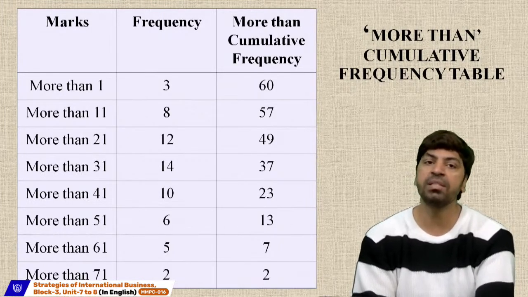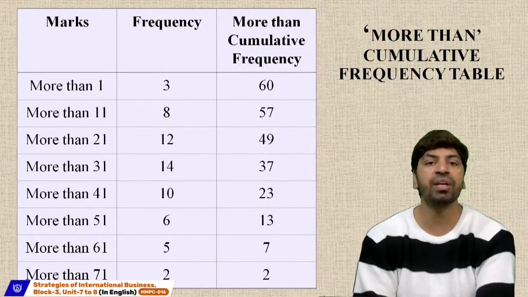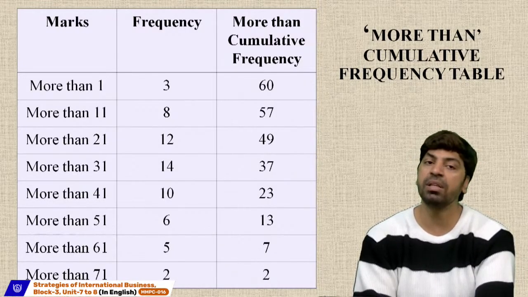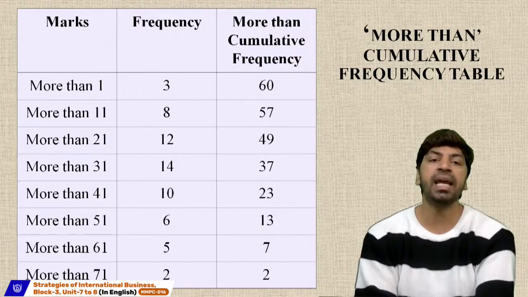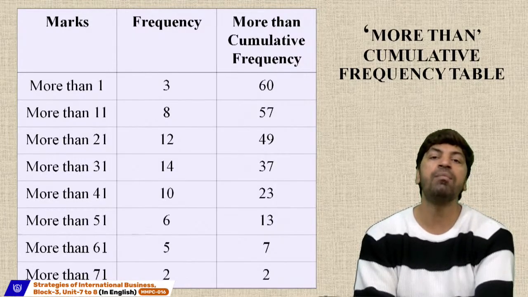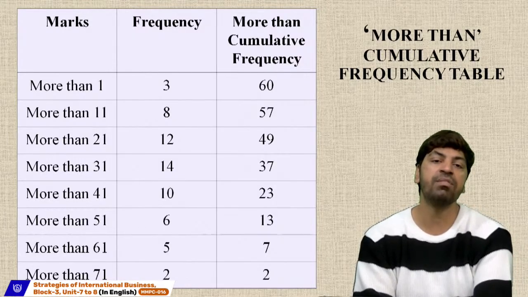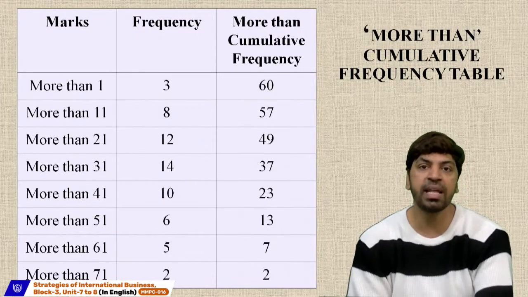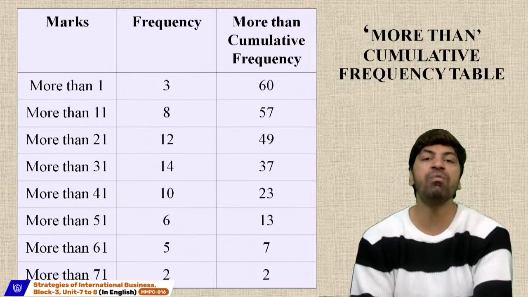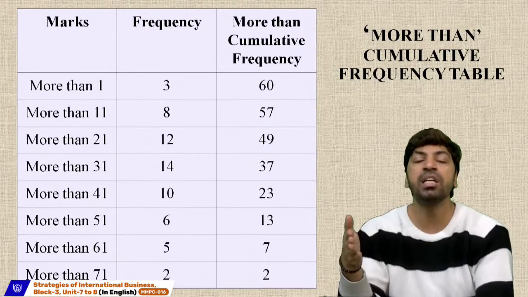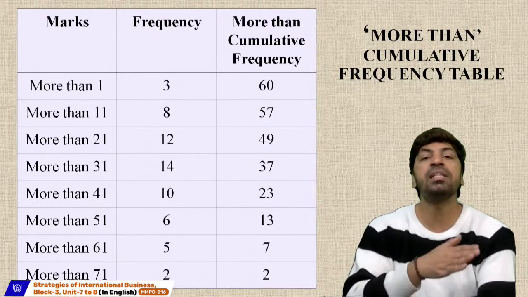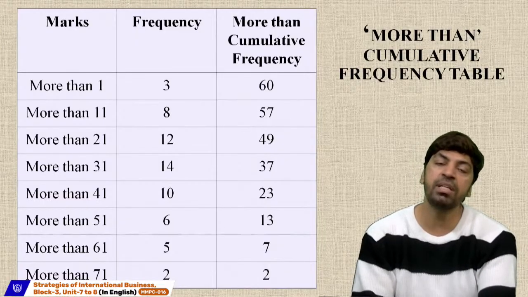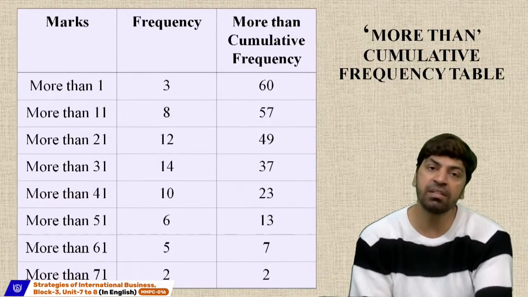The frequencies are already written, that is 3, 8, 12, which is given in the question, 14, 10, 6, 5 and 2. And for the more than cumulative frequency, first we refer to the total of frequency, that is 60, and one by one, in the case of the more than cumulative frequency, we deduct the value from the respective frequency.